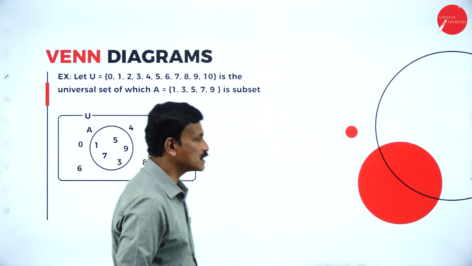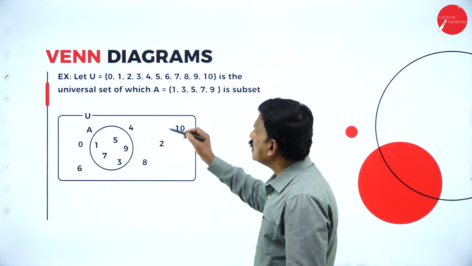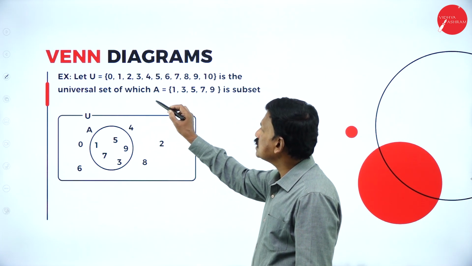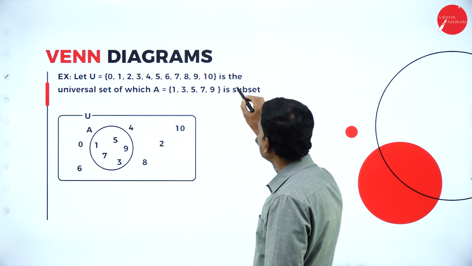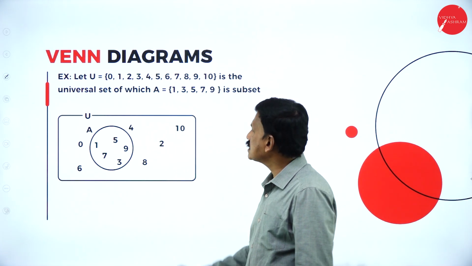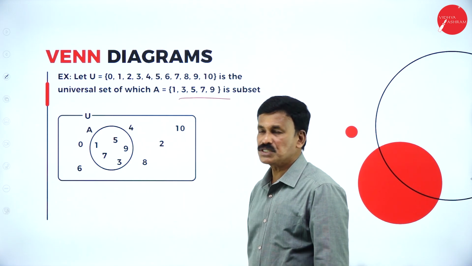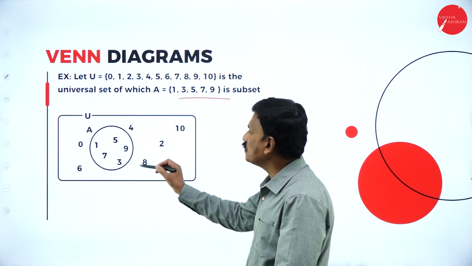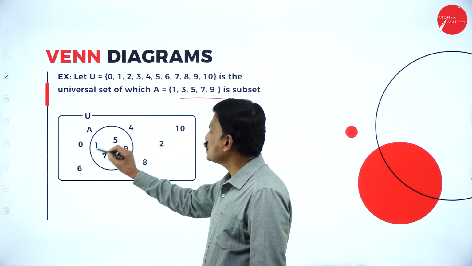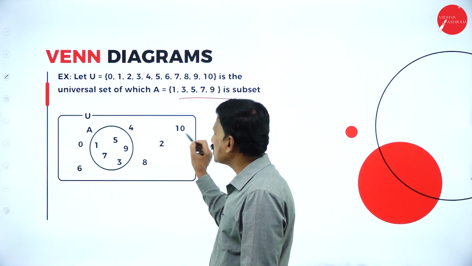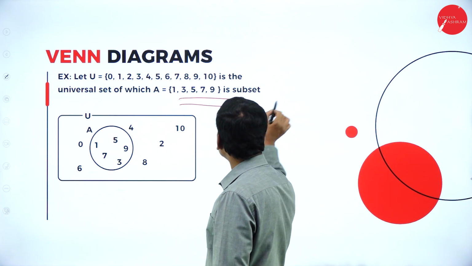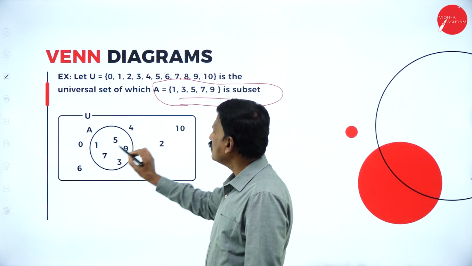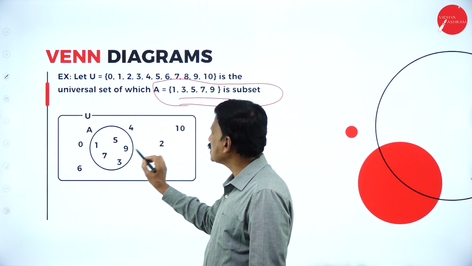Now let us take an example. For example, let U is equal to the universal set 0, 1, 2, 3, 4, 5, 6, 7, 8, 9, 10, and A is equal to 1, 3, 5, 7, 9 is a subset. So the universal set contains all the elements 0, 1, 2, 3, 4, 5, 6 up to 10, in which the subset is nothing but A, which contains 1, 3, 5, 7, 9.